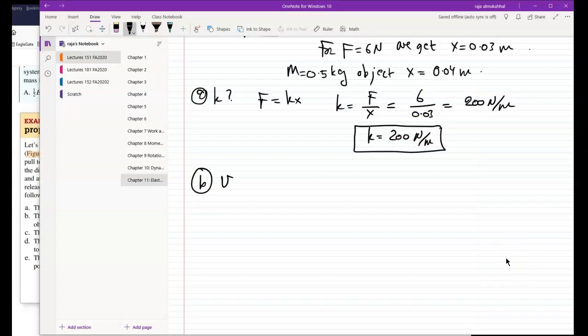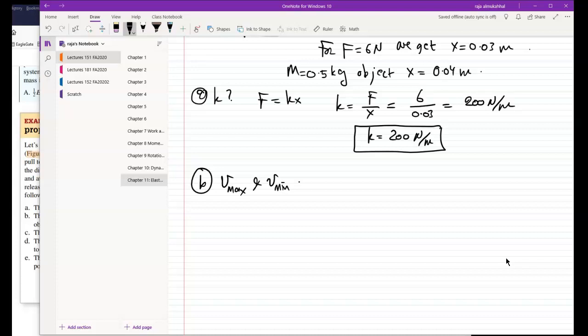So he wants V max and V min. Now these can be a little misleading in terms of V max and V min. If you think about it in terms of vectors, the most negative velocity is min and the most positive velocity is max. That would be one way to see it.